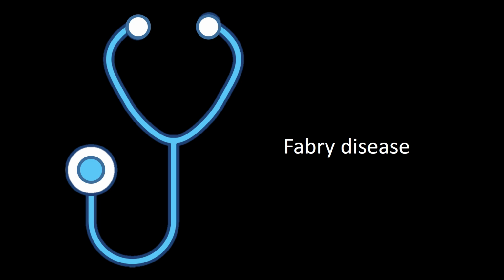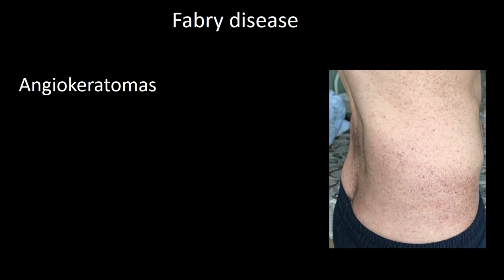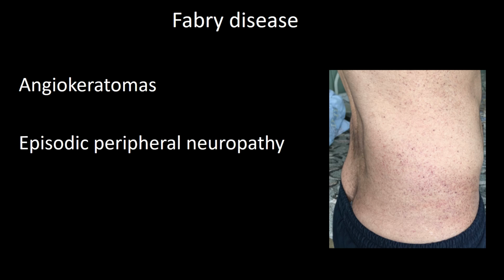The clinical manifestations of Fabry disease are angiokeratoma. These are clusters of angiomas in a characteristic area including the bathing trunk area, lips, and umbilicus. Pain in hands and feet exacerbated by fever, exercise, or heat due to peripheral neuropathy, and hypohidrosis.